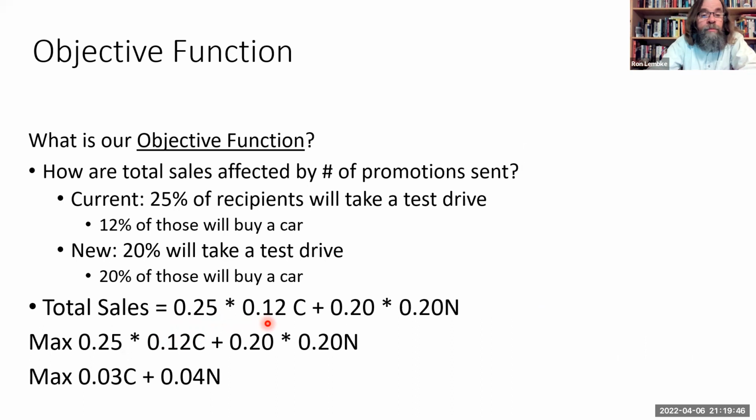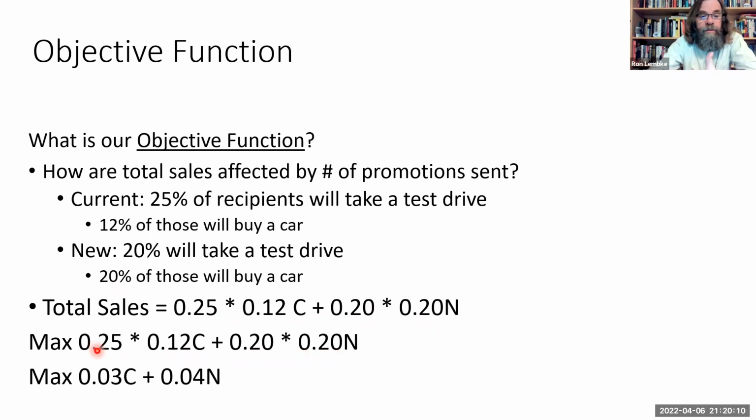Then for the new customers, 20% of the people we contact will take a test drive, and 20% of those people will actually buy a car. So it's 20% of 20% of the number of new customers that we reach out to. So our objective function is to maximize 0.25 times 0.12 times C plus 0.2 times 0.2 times N.